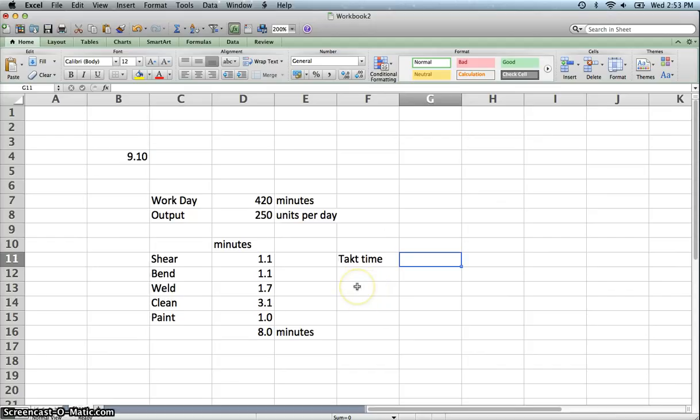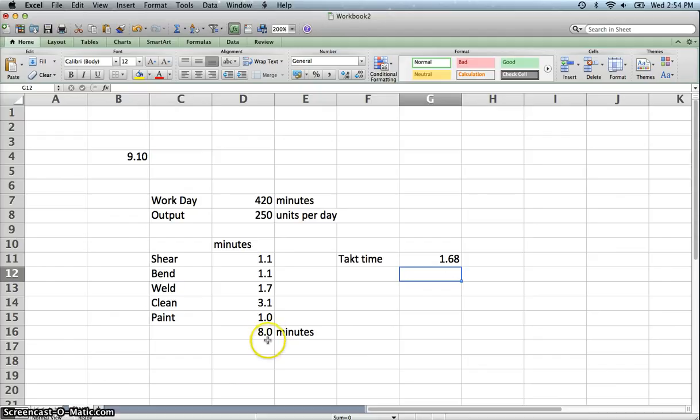But for tack time, we take the minutes available per day, in this case 420 minutes, and we divide that by the output. We need to produce 250 of these units per day. That tells us that we basically need to produce a unit in 1.68 minutes.